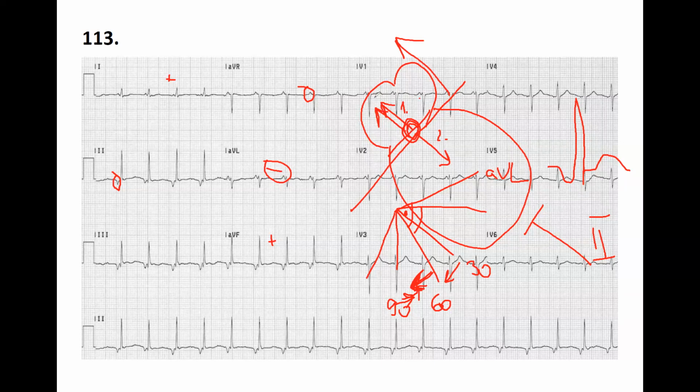The common one, the QRS is narrow. So if you are looking at a supraventricular rhythm, it means the QRS is narrow and the T is proportional to the QRS complex, so the same direction.